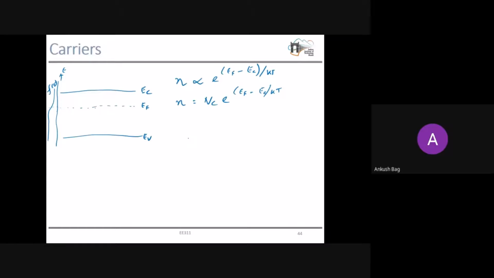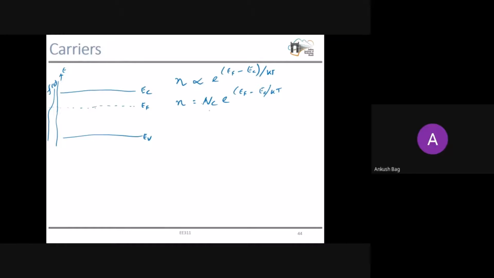This NC, the proportionality constant, is called the effective density of states. The effective density of states and the density of states are a little different concepts, but the thing is the same.